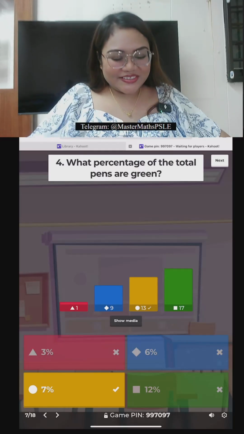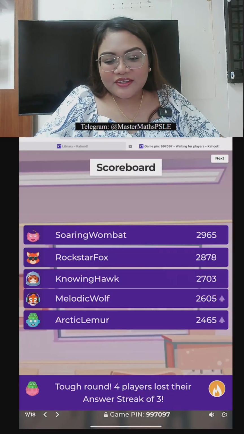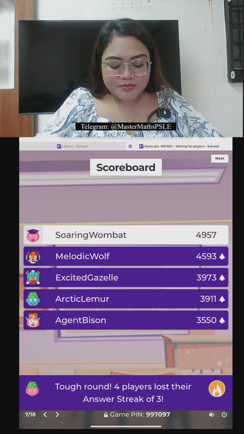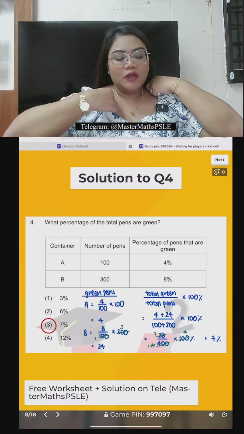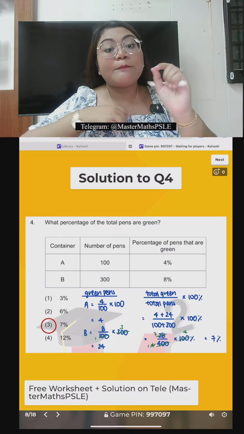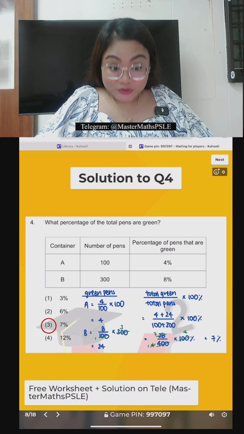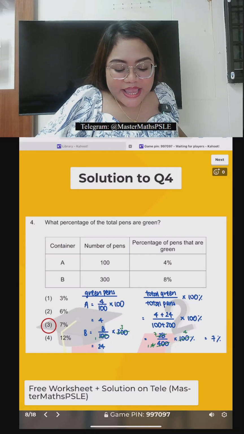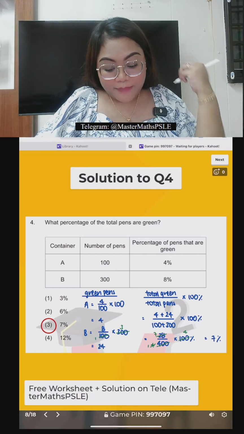Thank you. Okay, so let's go back to the question. If we cannot take 4% and 8% and add them together because they have different totals, then how do we solve it? Well, we just need to look for the actual number of green pens. So the total green pens here, A will be 4% of 100 pens, so that will be 4 pens.